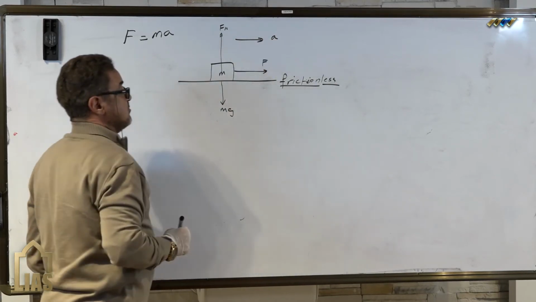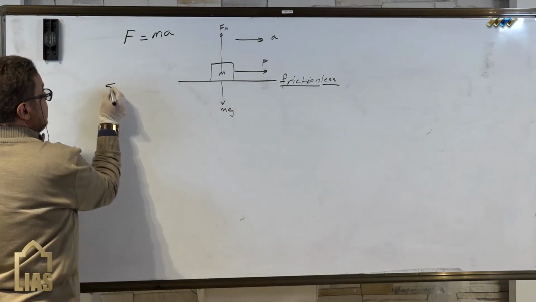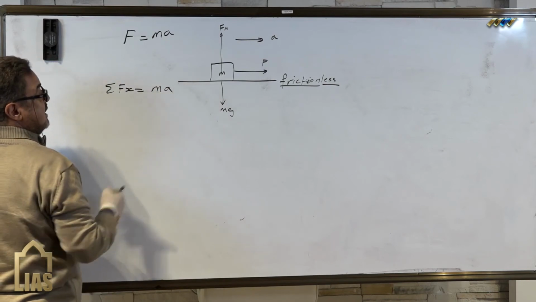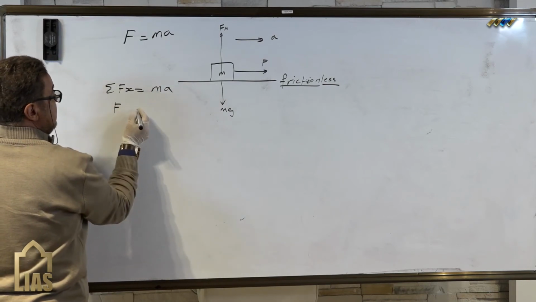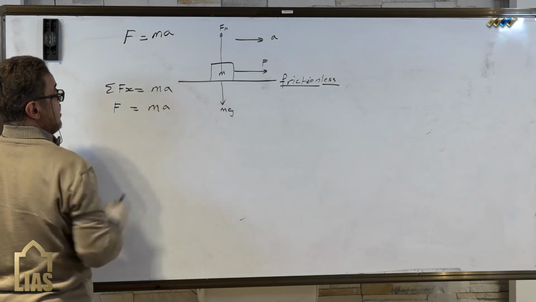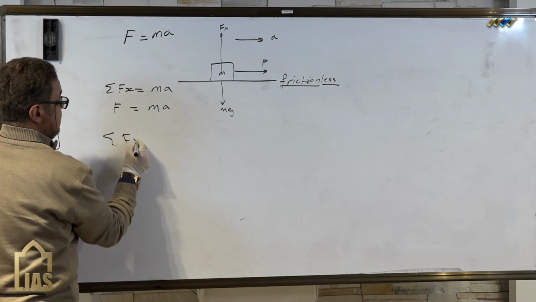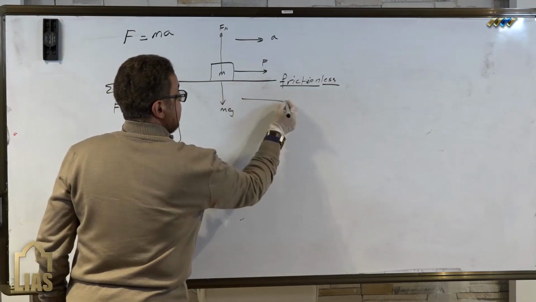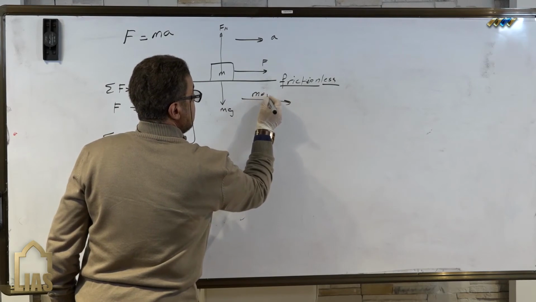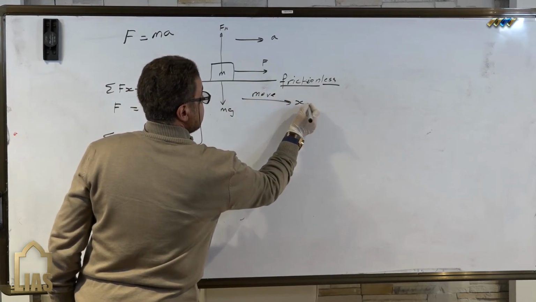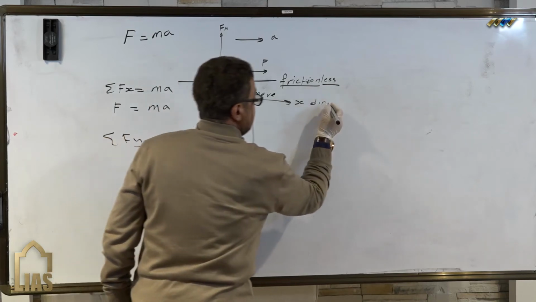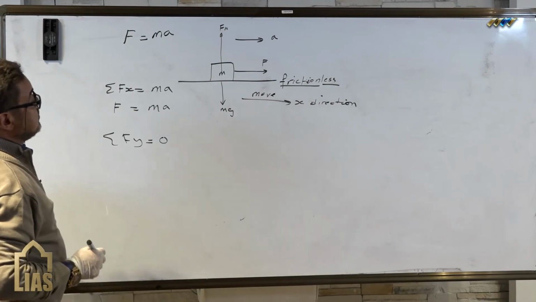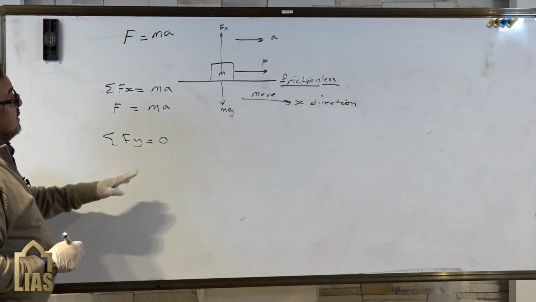In this case, sigma Fx is equal to ma, which is F here, equal to ma. Sigma Fy is equal to 0 because the movement is in the x direction.